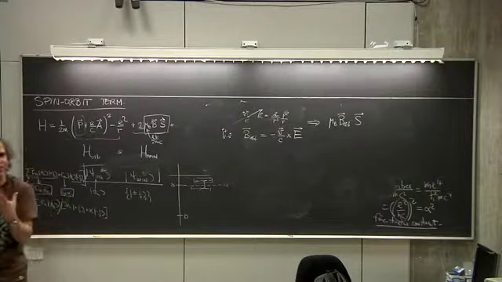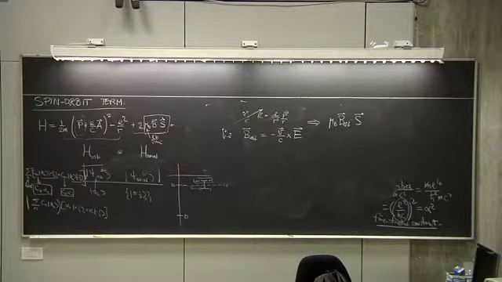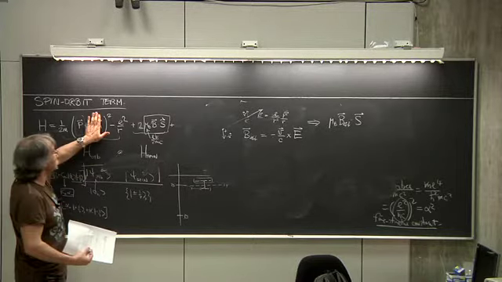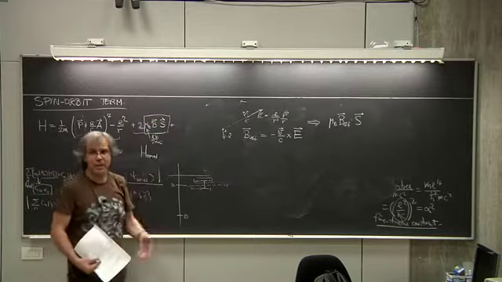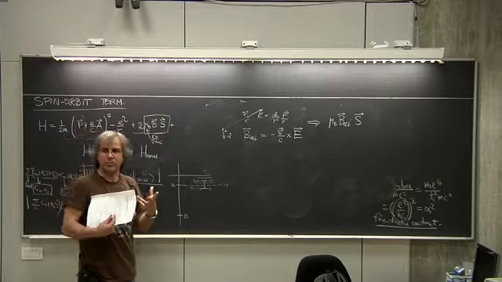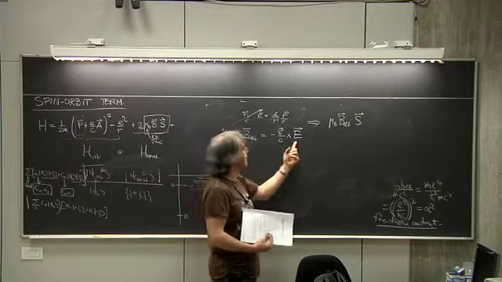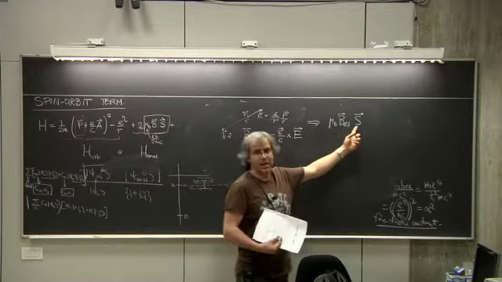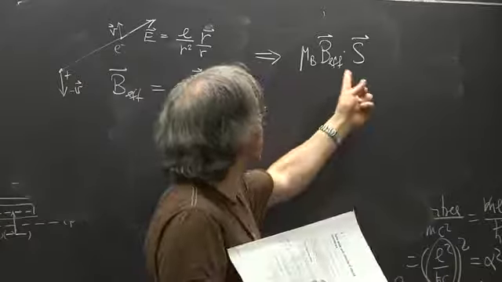I want to know if it makes sense to your understanding. It makes sense. So even in absence of any real magnetic field, you expect that the electron will feel some form of magnetic field of this type, which will act on its spin in this way.